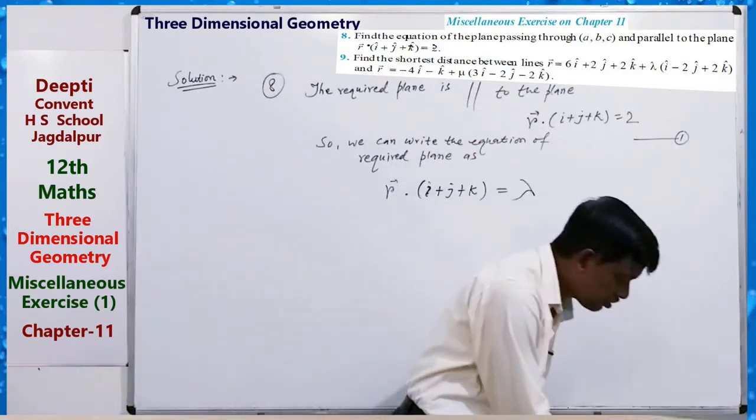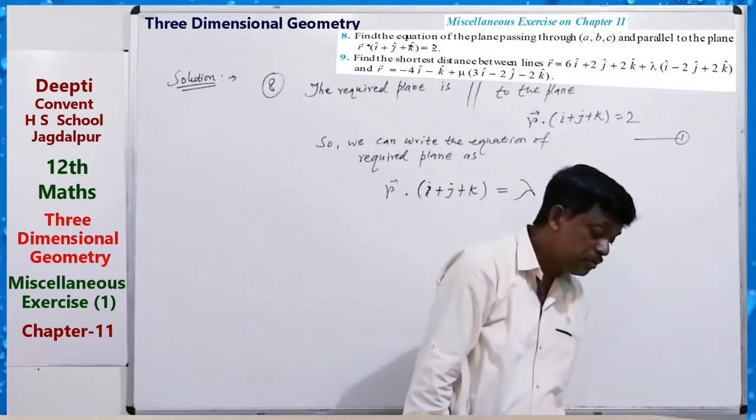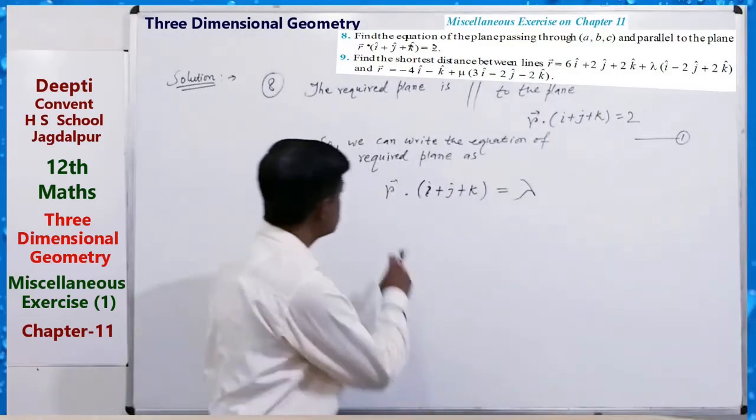And also there is another condition. Find the equation of the plane passing through the point a, b, c. So this is our required plane.